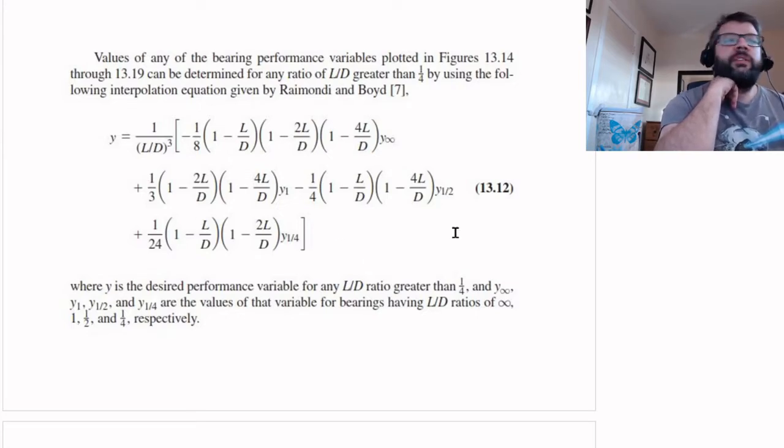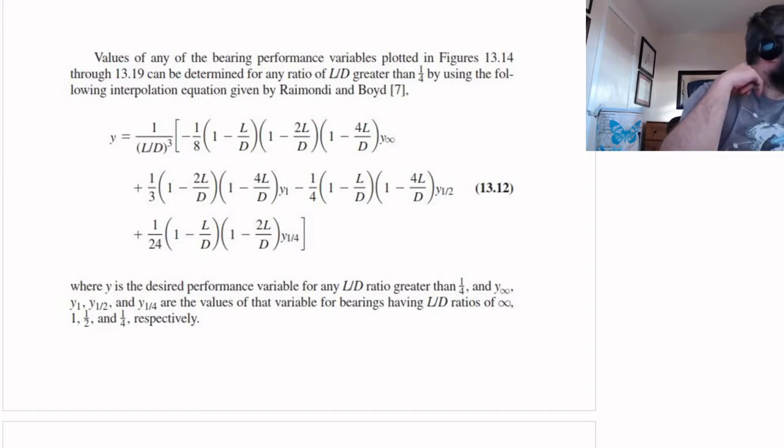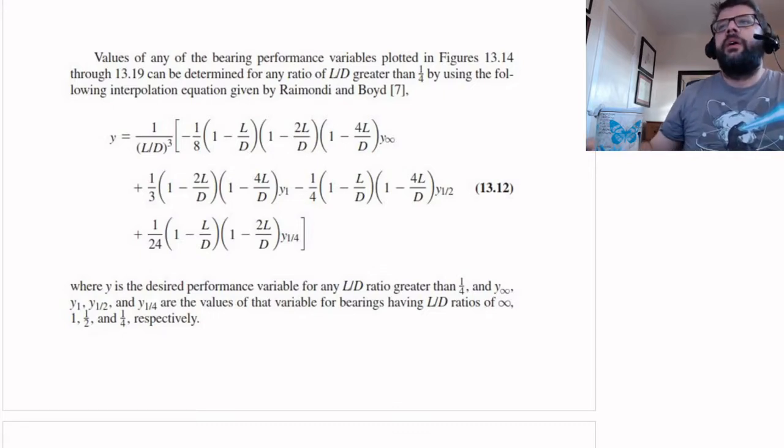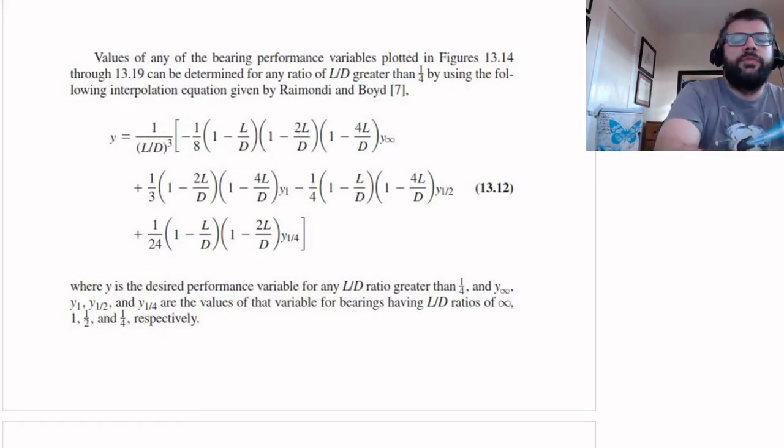But sometimes we don't have a bearing that fits one of those nice length diameter ratios, so we're going to need to be able to interpolate. So there's a formula given for that by the nice fellows who did the calculations for the charts. You can use that to plug in what actual value you have, and this will give you the y dimension.